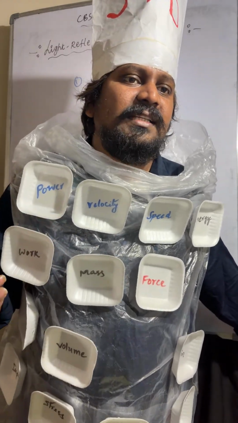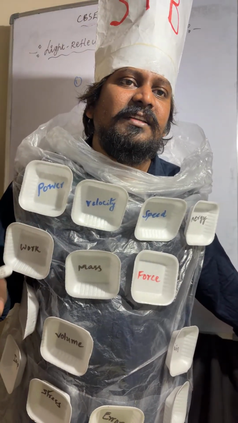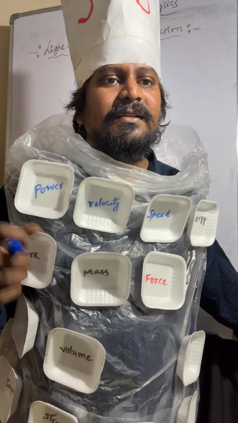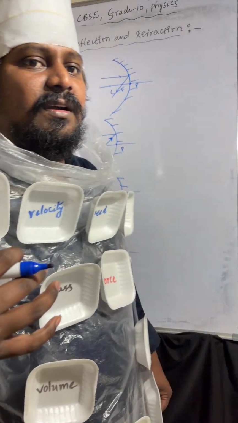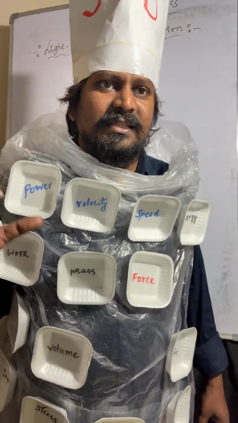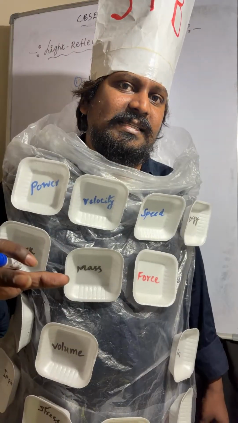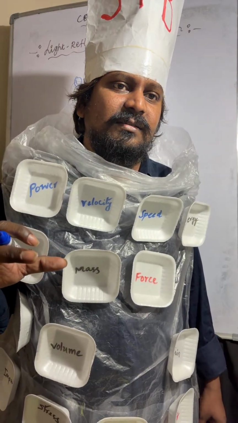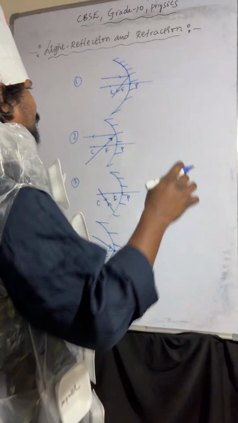If the light ray is passing through center of curvature, it retraces its original path. If the light ray is incident at the pole, it reflects back. So these are the ray rules of concave mirror.